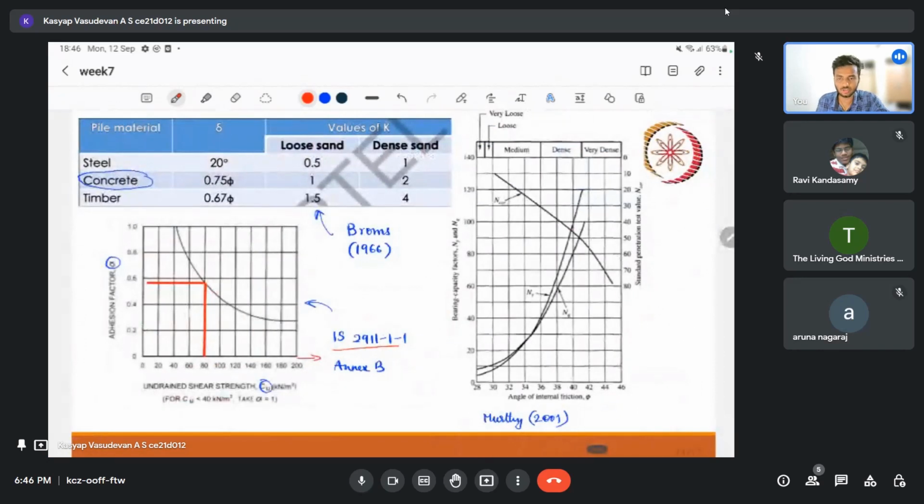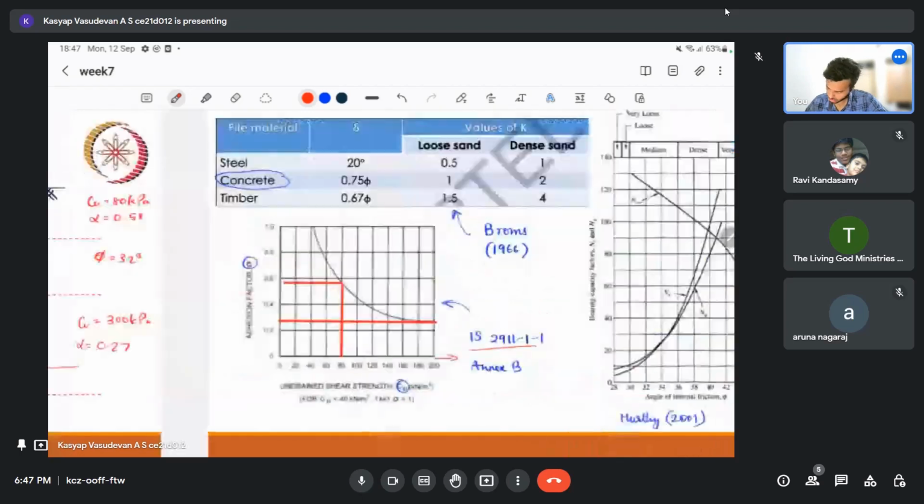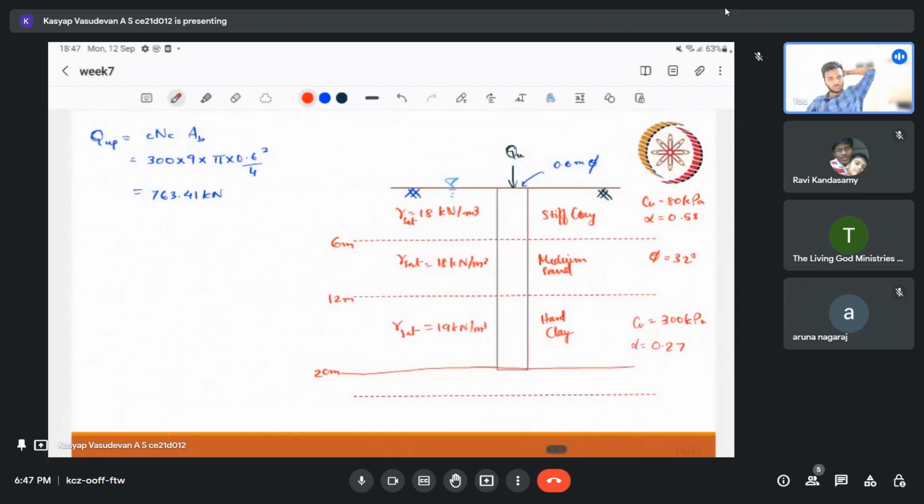The highest value is 200. So for higher than that, we can take the lowest value available here. It's with respect to our judgment, I'm taking it as 0.27. So alpha for clay is clear.